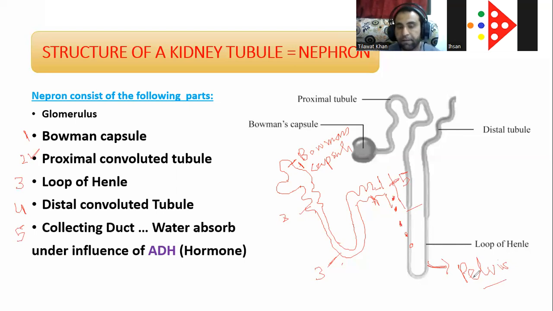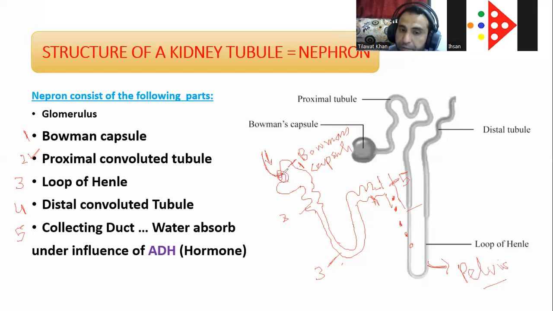You got it? Now, blood will come here to this Bowman capsule, right? This blood is coming through arteriole. Once that arteriole comes inside this Bowman capsule, it will convert into tiny capillaries.